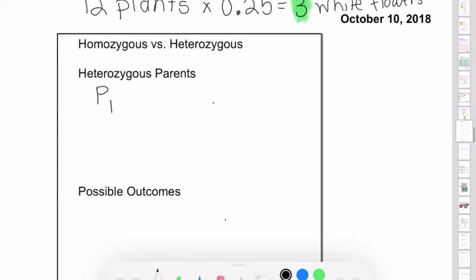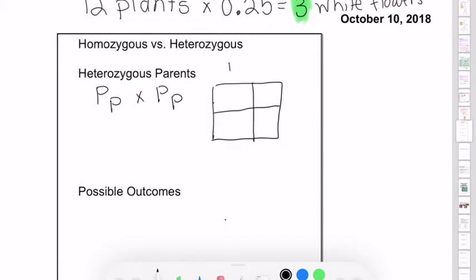So we got big P, little p with big P, little p. So if we do that out as a Punnett square, you get big P, little p, big P, little p. And if we cross them, we will get that. So what's our possible outcome?